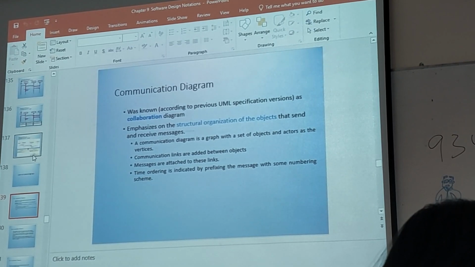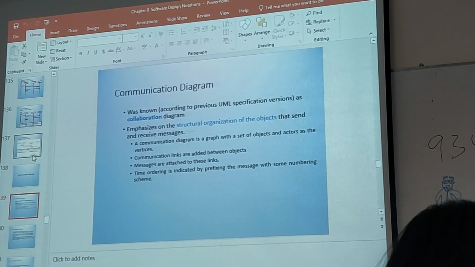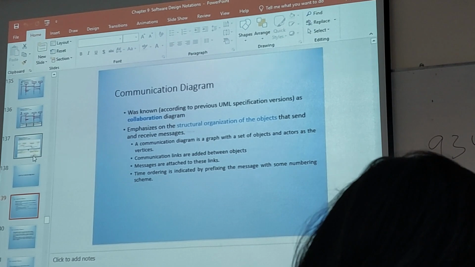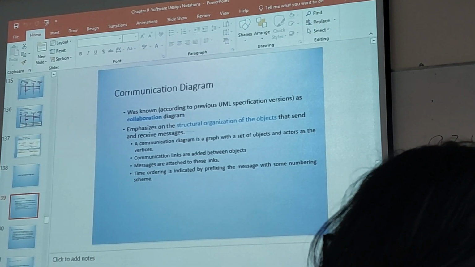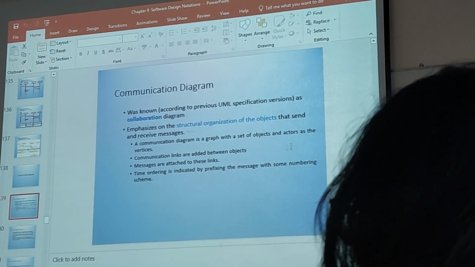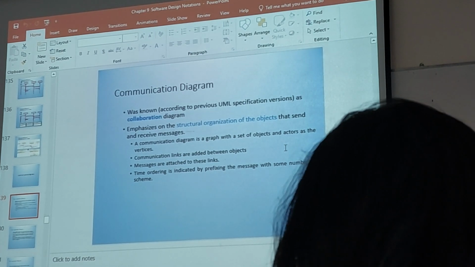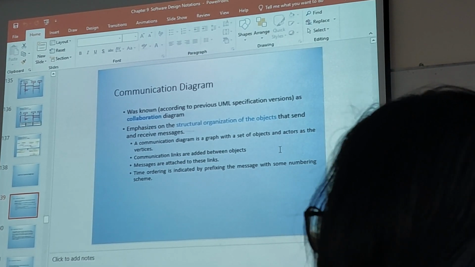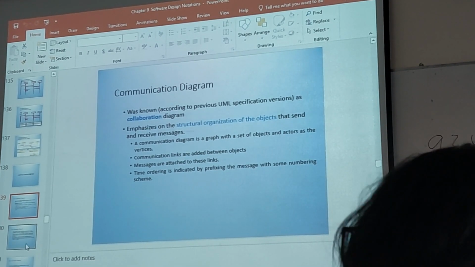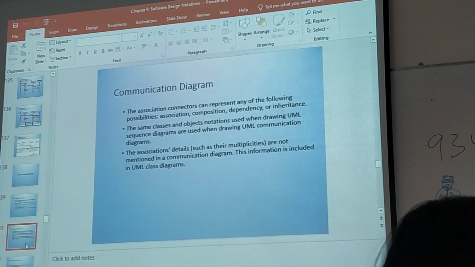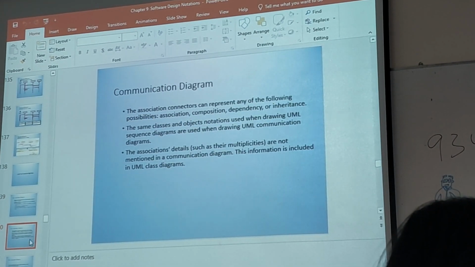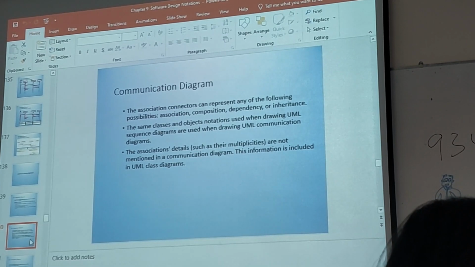A communication diagram is a graph with a set of objects and actors as the vertices. Communication links are added between the objects, messages are labeled or attached to the link, and then time ordering is indicated. In the communication diagram, the association connector can represent any of association, composition, dependency, and inheritance.